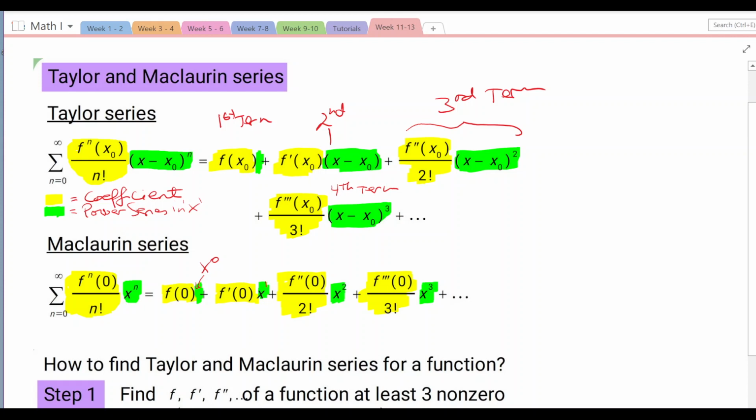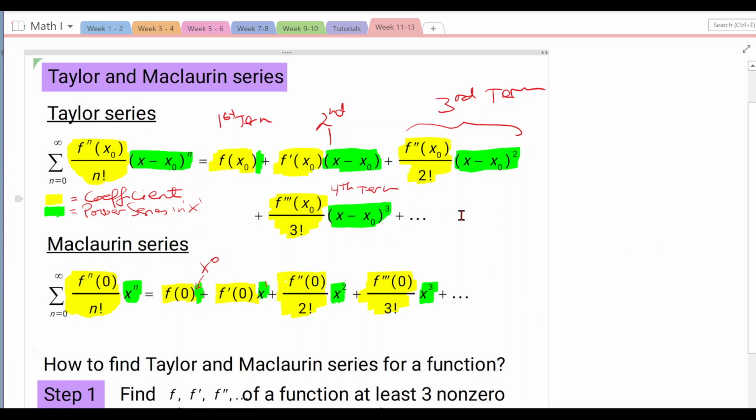Sometimes the question asks you to write down the first 4 non-zero terms of the Taylor series of a particular function. In that case you need to write down the Taylor series expansion, starting from the first, the second, the third, and the fourth, as long as they are non-zero, and you can do so using this formula. The coefficient, the series, coefficient, series, and so on.